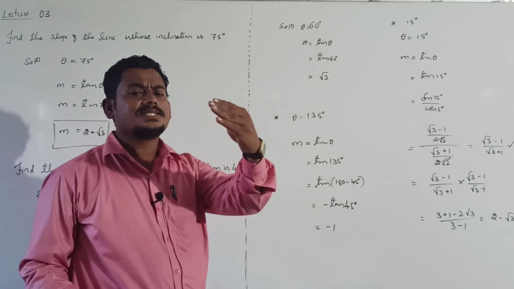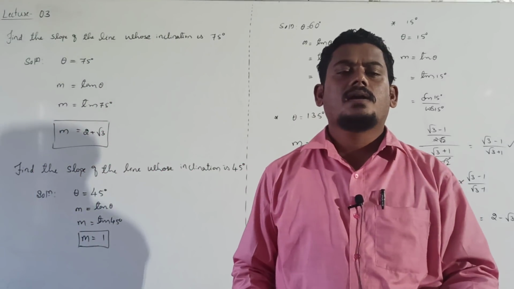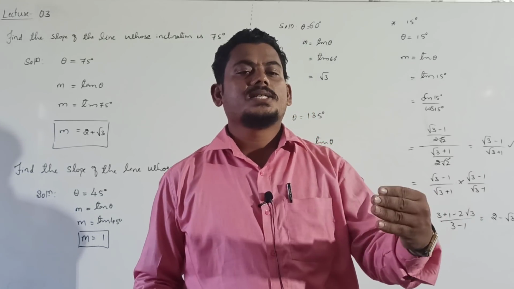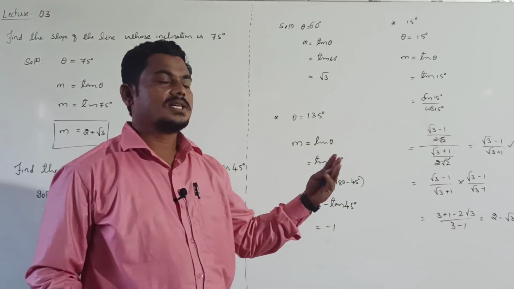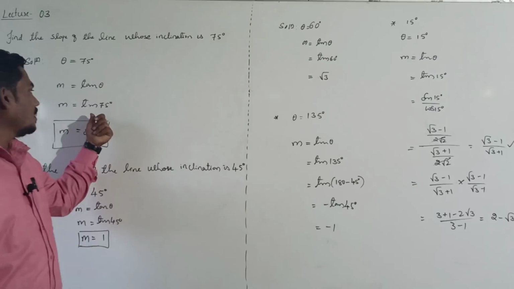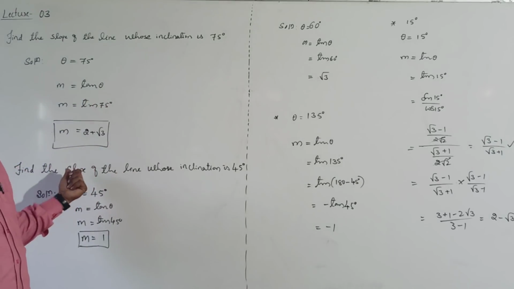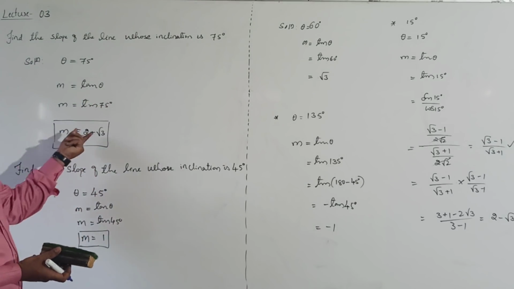Or else simply write sin 75 divided by cos 75. Use the sin of a plus b and sin of a minus b formula, right?